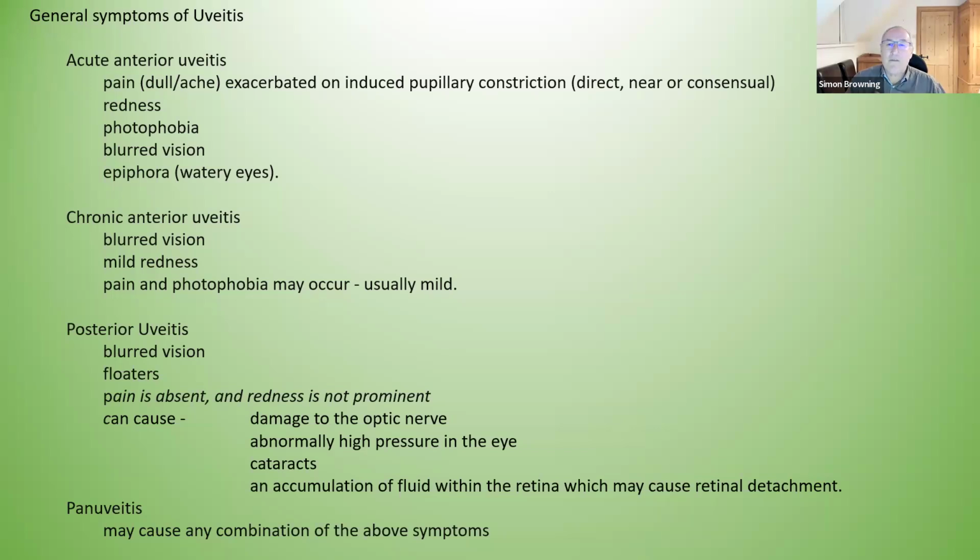This is one of the ways you can differentially diagnose what's going on. They will have blurred vision and floaters, but it is this absence of pain. And obviously you get secondary factors like damage to the optic nerve, sometimes high pressure, cataracts, and it can even cause retinal detachment.